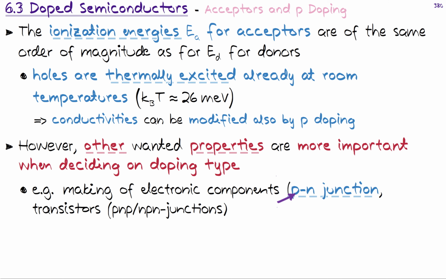So basically, it can be used to rectify currents, or one can even make a photodiode, so that if light is shined onto this p-n junction, photons are absorbed near the p-n region, and because of absorption, for example, some electrons are lifted from their valence band into the conduction band, and there they can readily move through the junction and then give rise to a macroscopic electrical current.